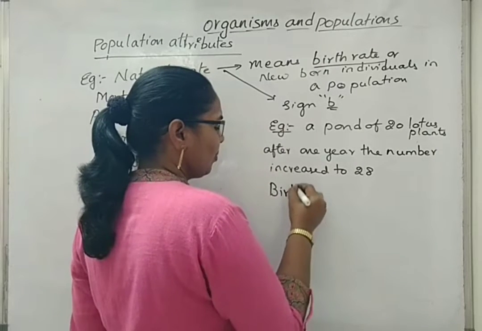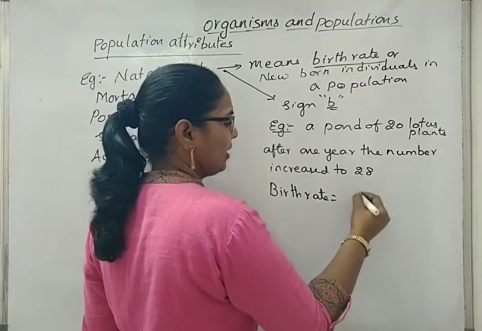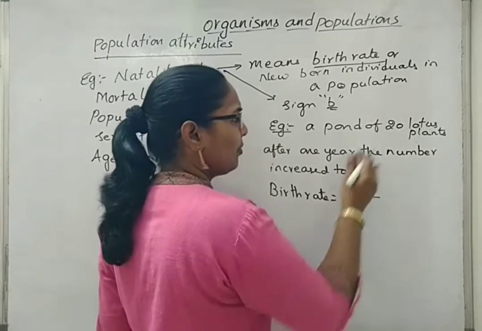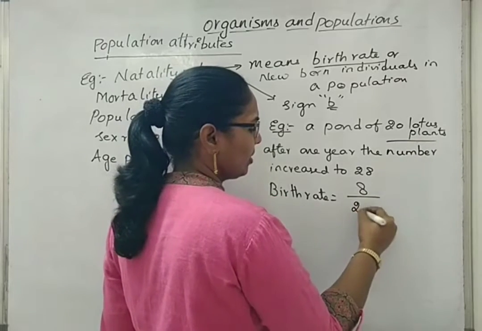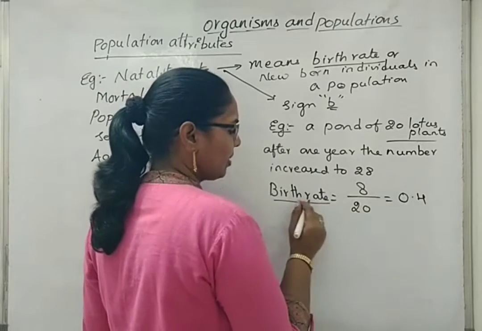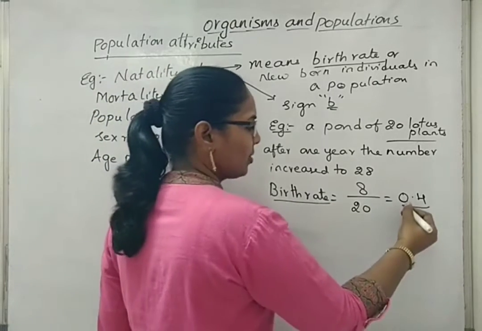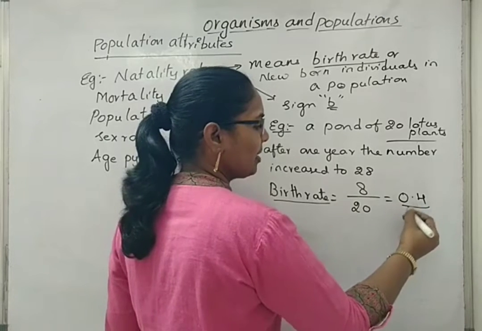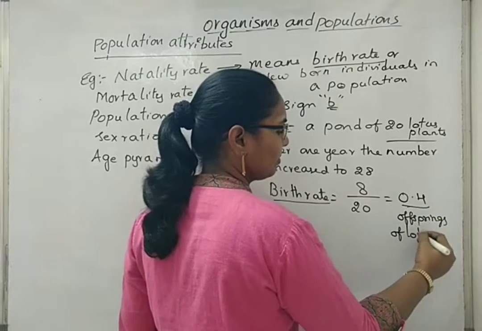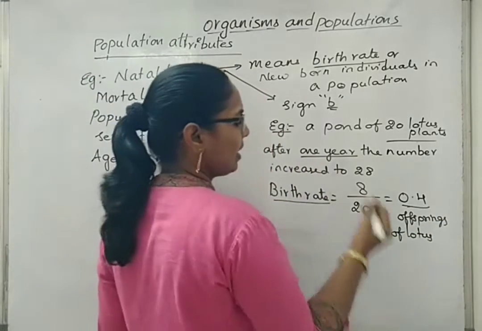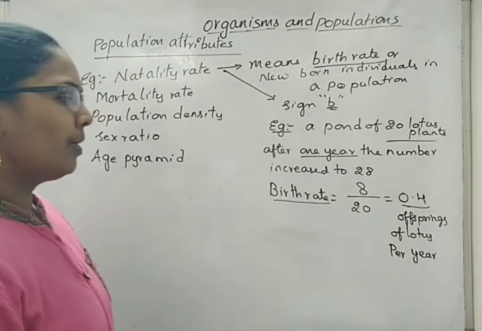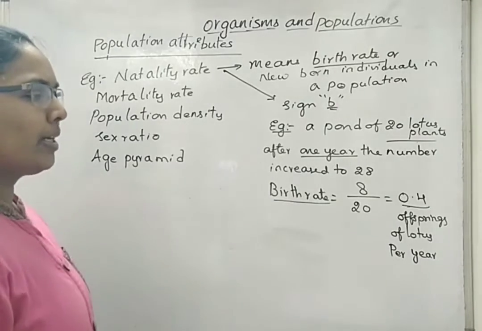So if the question is what is the birth rate, we take the number of newly formed organisms divided by the number of organisms initially present, that is 20. The answer is 0.4. We have to frame a sentence for this answer: the birth rate of the lotus population in the pond is 0.4 offsprings per year, since the question said after 1 year.